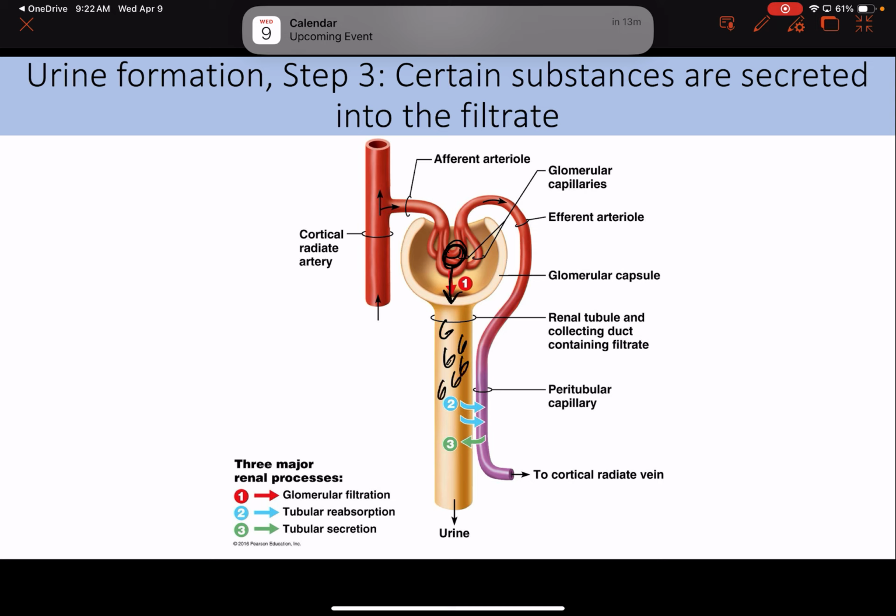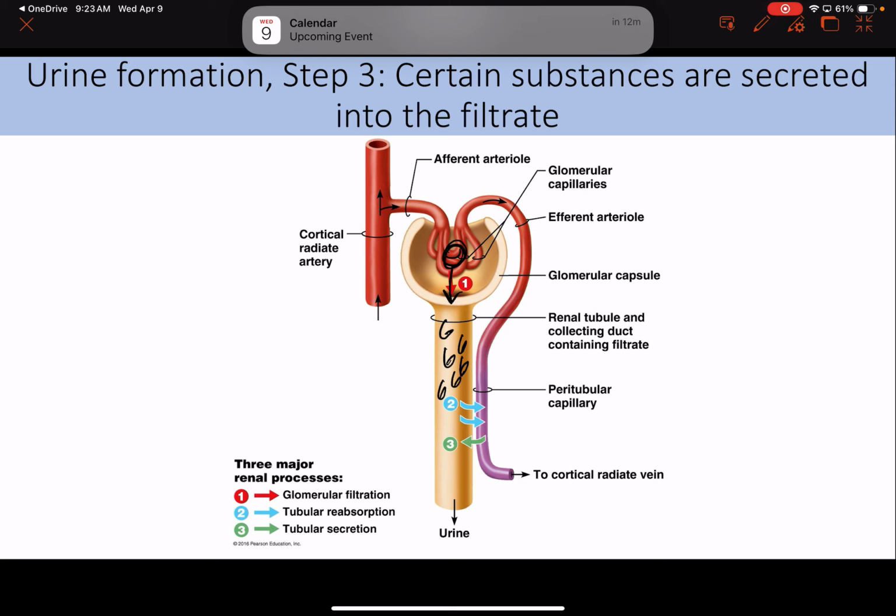We need glucose to make our brain run, so we reabsorb all this glucose into the blood, but then we reach a T max where we cannot reabsorb any more. What you end up with is lots of glucose in your urine because you've reached that T max. That's one of the markers we can use to diagnose diabetes: glucose in the urine.